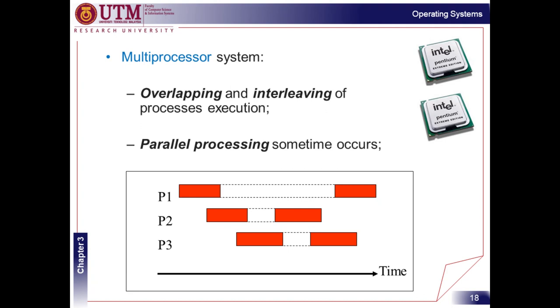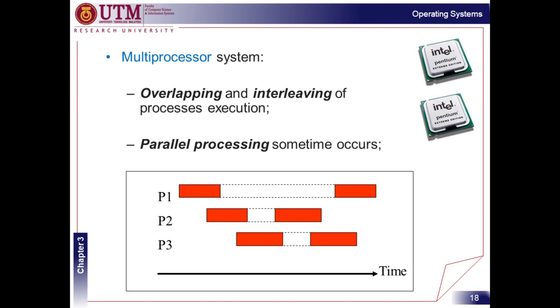In this slide, we can see an example of a multiprocessor system with two processors. The horizontal axis represents time and the vertical bars represent the execution of the process on each processor.